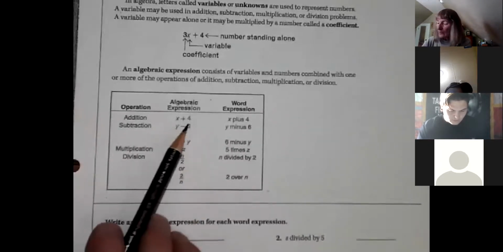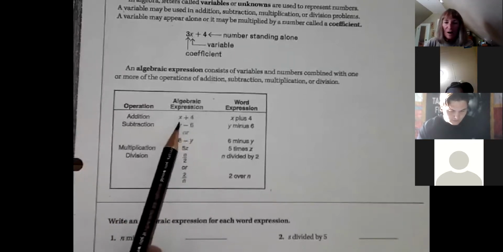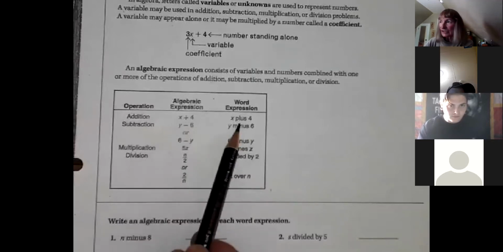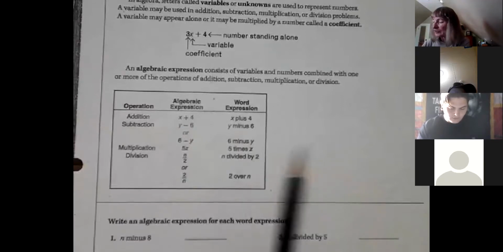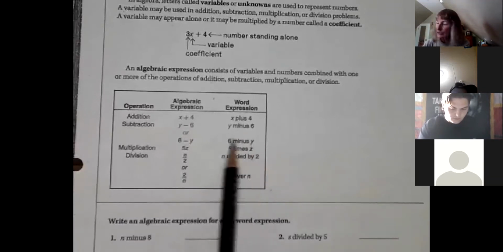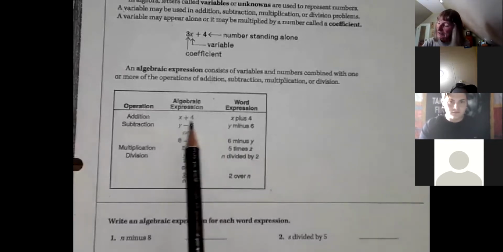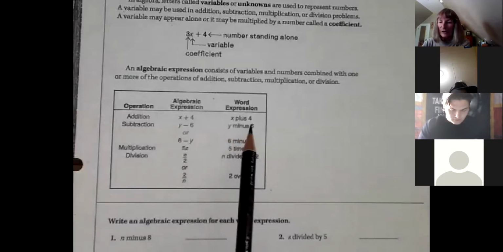We can write an algebraic expression just with the numbers, variables, and operators, but we can also pronounce it in English. And so today we're going to do some practice going back and forth between just using the numbers and symbols and using the words.